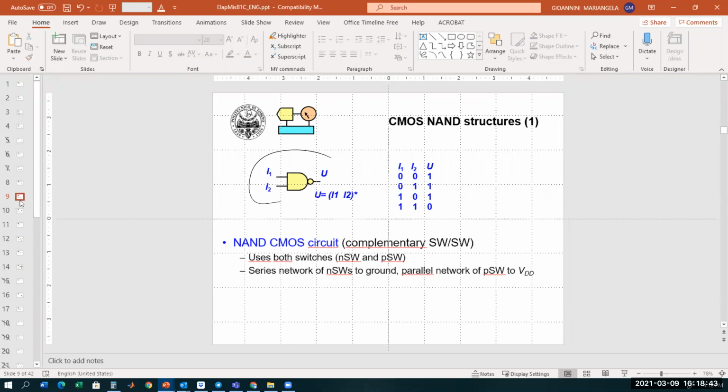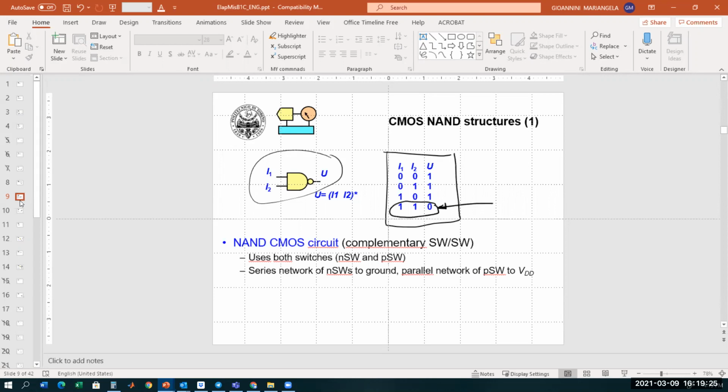So this is the NAND gate, and using a combination of N switches and P switches, we want to realize this NAND operation. In this example, it is the NAND of two inputs, I1 and I2. This one you recognize, it is the truth table for the NAND. What do we see? We see that the output is low for just one particular case.